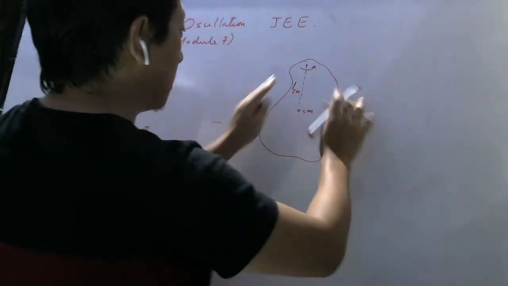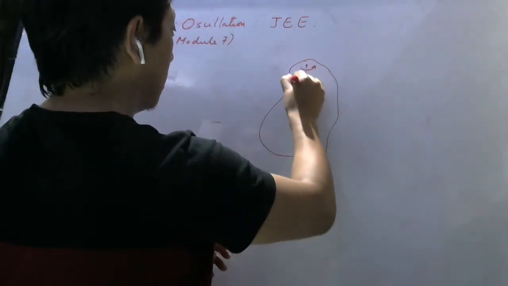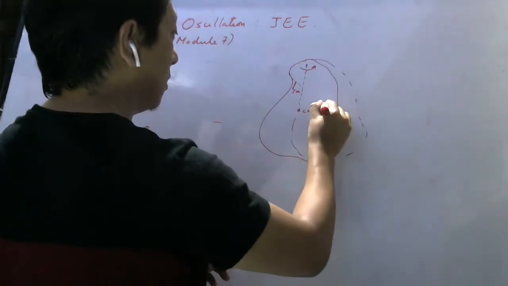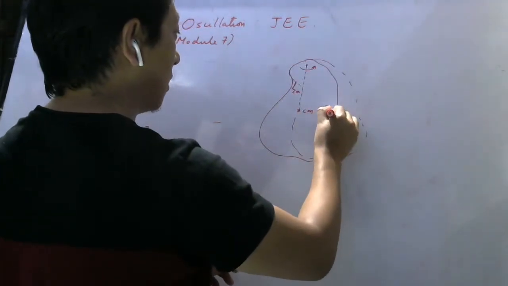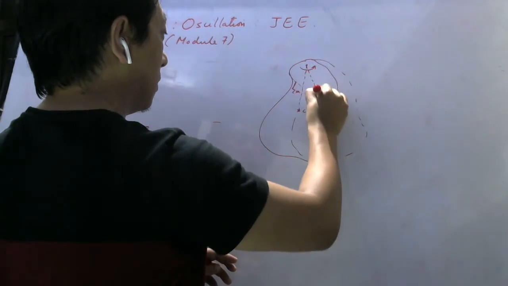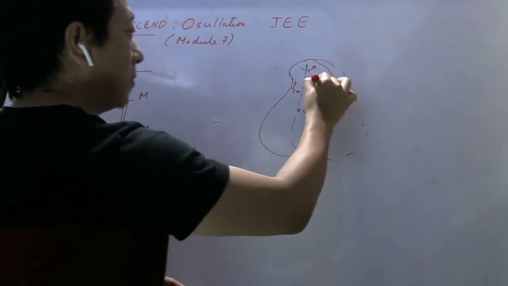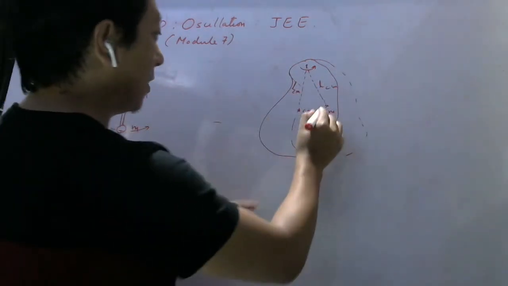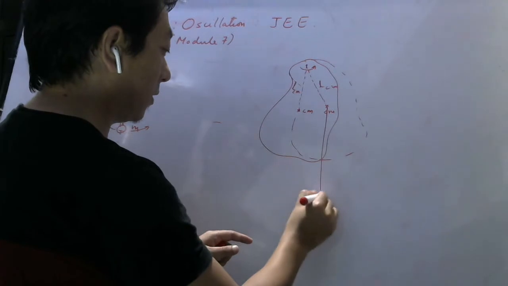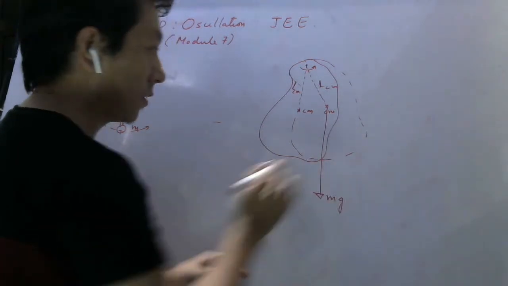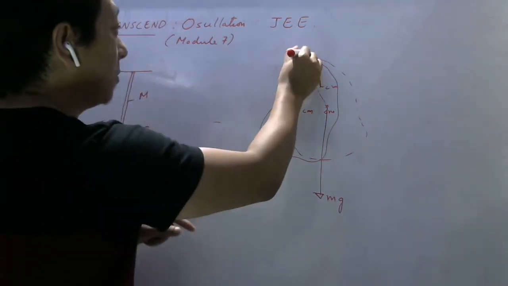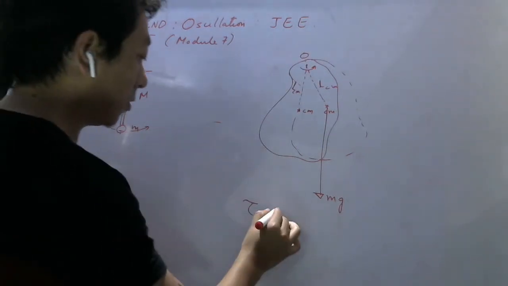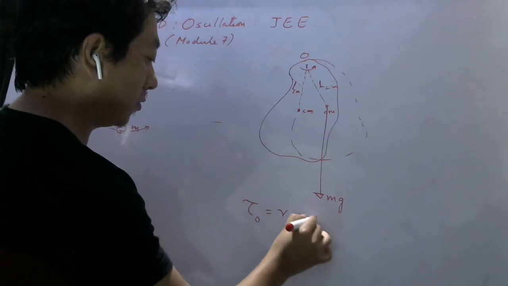If you displace this slightly, so the whole body now takes this form, then the center of mass will shift somewhere here. So this will be your new LCM. Once it is displaced, mg will act at the center of mass, so about this pivot O it will create a torque. What is the torque? R perpendicular into force. Force is mg.